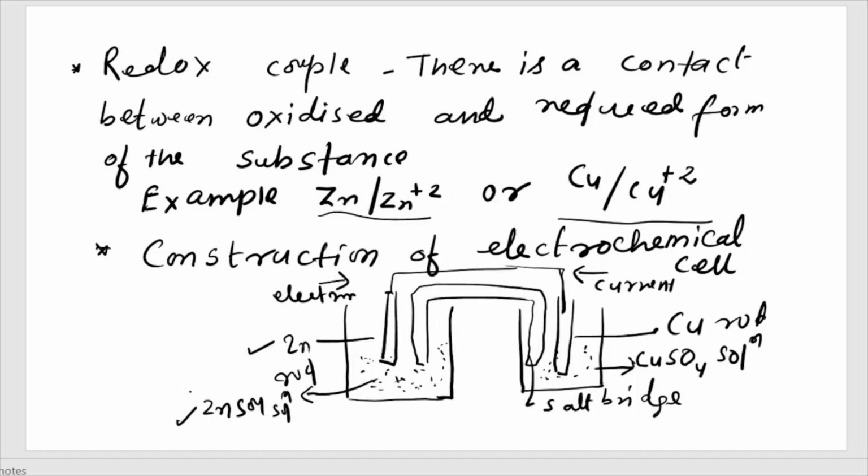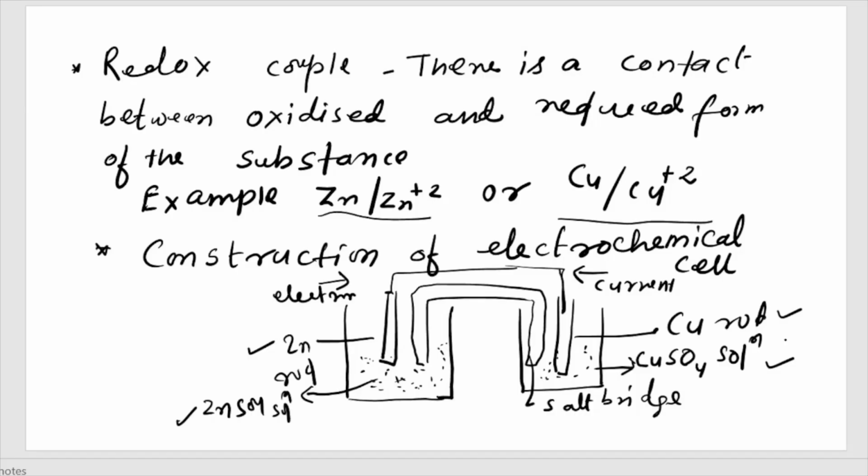And the other beaker contains copper sulfate solution, and the zinc is connected with the copper rod. See, this is the copper rod, and this copper rod is dipped in copper sulfate solution in a beaker. Now to be clear, the zinc rod is dipped in zinc sulfate solution and the copper rod is dipped in copper sulfate solution, and the two rods are connected by an external wire.